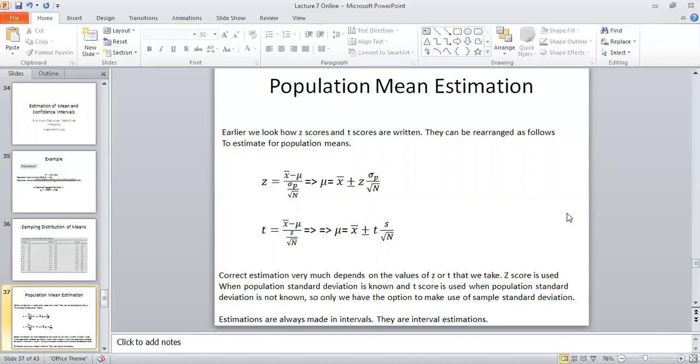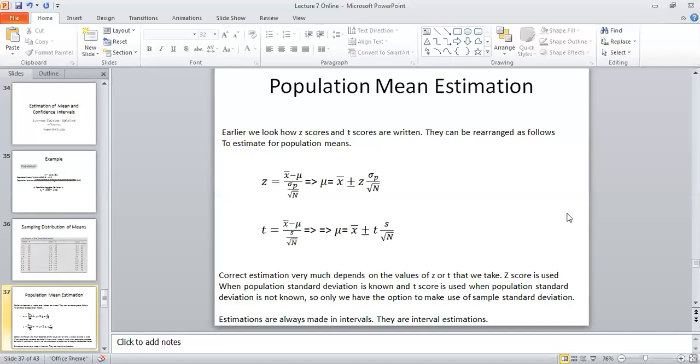By a little rearrangement of the mathematical terms, for z-scores the corresponding mu can be written as x bar plus minus z sigma_p upon root n, where sigma_p is the population standard deviation. And using the t-scores with a little rearrangement, the population mean is x bar plus minus t s upon root n, where x bar is the sample mean in both equations and capital N is the sample size in both equations.